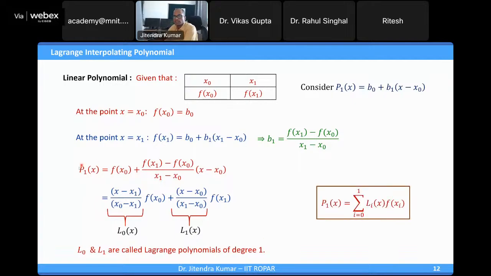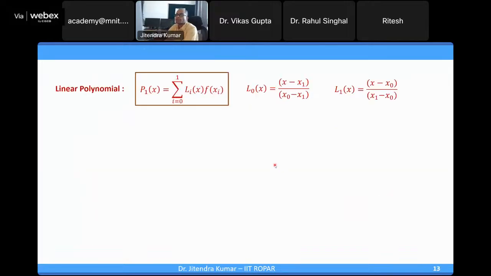So indeed this polynomial of degree 1 can now be written in this form, the sum with i moving from 0 to 1 of Li(x) f(xi). Li(x) is already defined here: for L0(x) we have this polynomial, for L1(x) we have this polynomial. I'll generalize this on the next slide. But this P1(x) we can write in this special format, so we have this linear polynomial, which is also called the Lagrange interpolation formula.